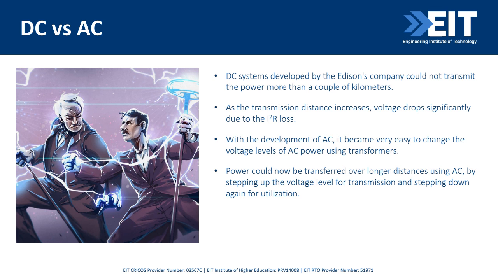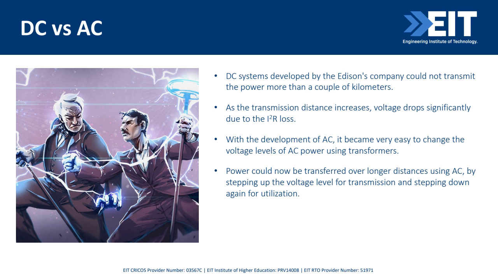So how it started: we started off with DC power, as you may know already. In the beginning, when electricity was discovered and the electrical transmission system was developed, that was DC powered. Edison was working with DC, and then there were some limitations with the DC systems, obviously.